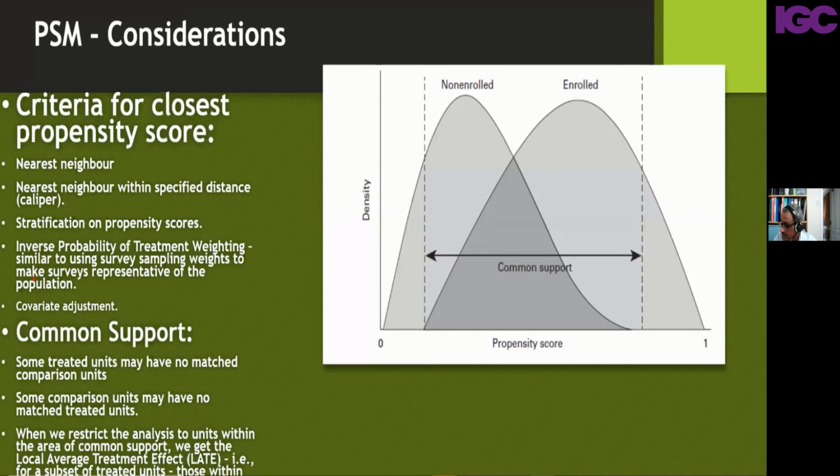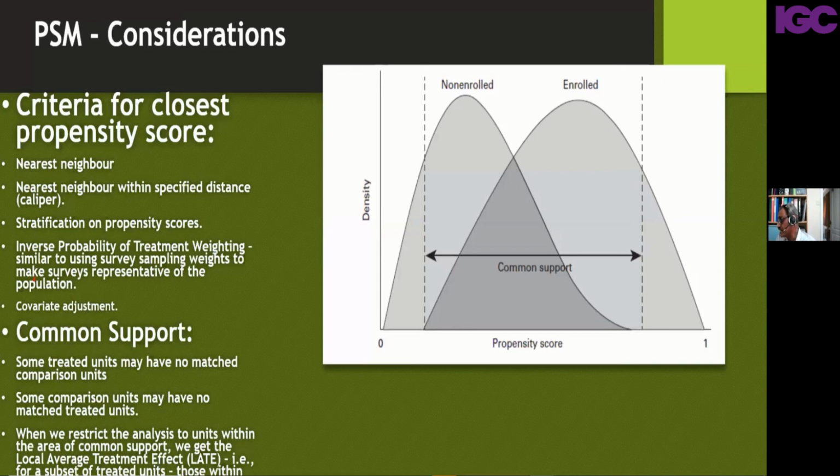Now, one point to note is that when you compute the propensity scores for the participating units and for the non-participating units, you may find that some treated units have no matched comparison units. For example, in this figure, the distribution of propensity scores is given both for the non-enrolled and for the enrolled. The enrolled are the participants, the non-enrolled are the non-participants.